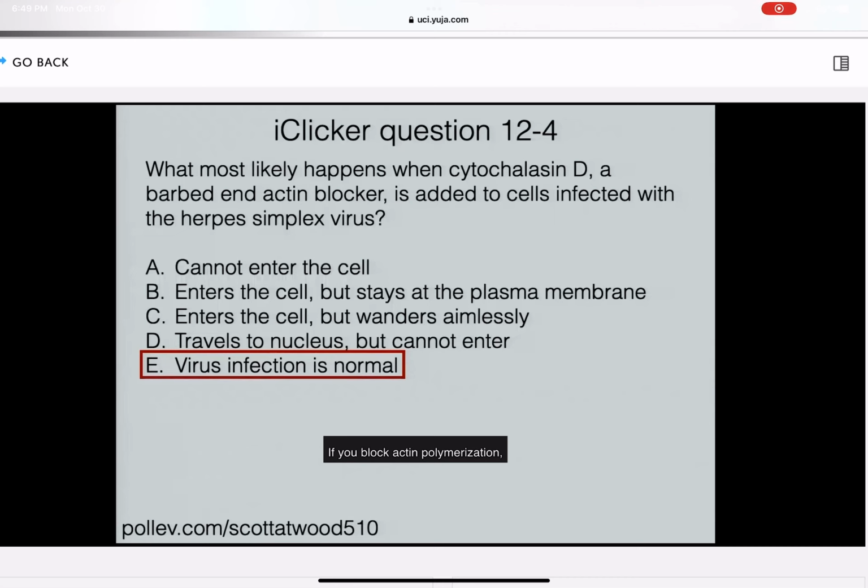Essentially, actin will not be influencing that highway. If you block actin polymerization, if you promote its disassembly, if you promote its assembly, you're not going to influence the ability of the traffic to go along these microtubule shafts. Microtubules don't need actin to polymerize, and these motor proteins don't need actin to operate.